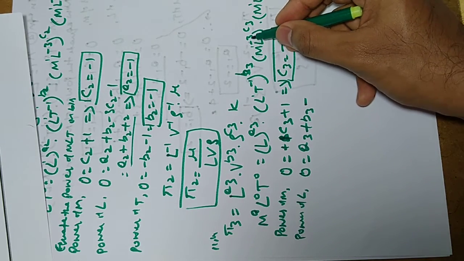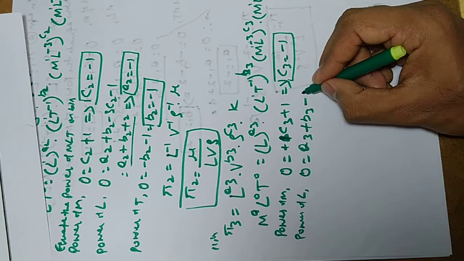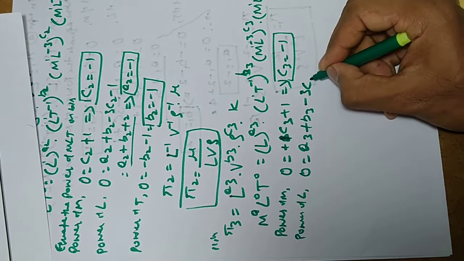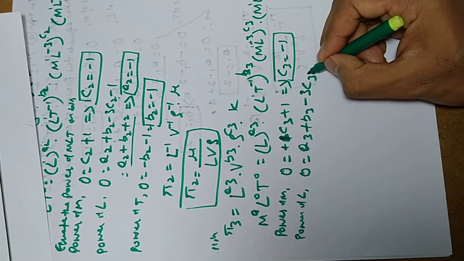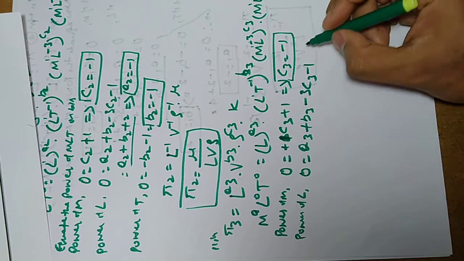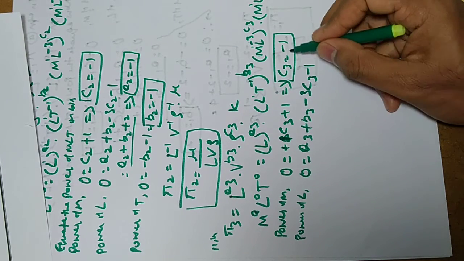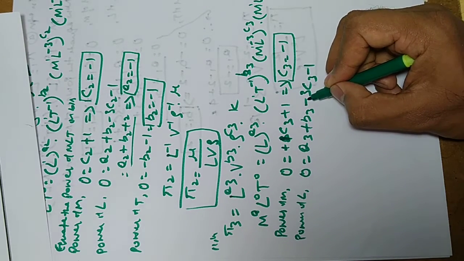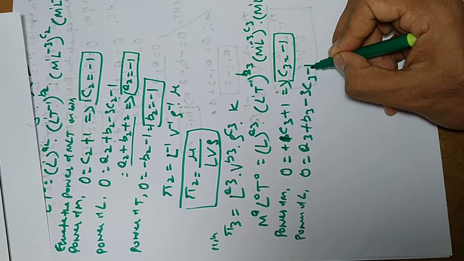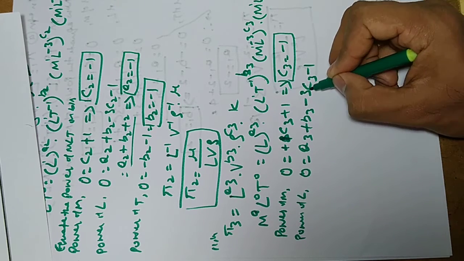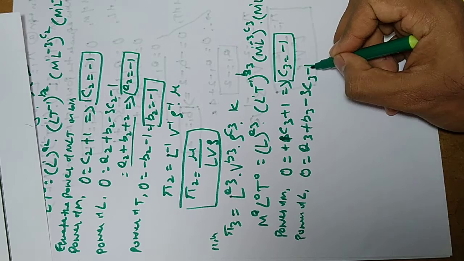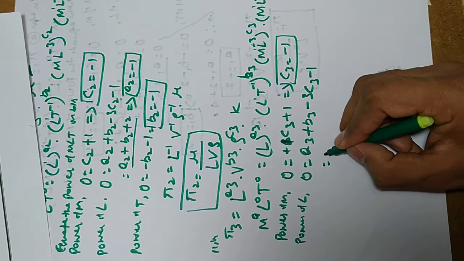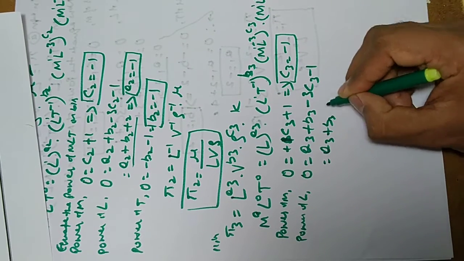Here L to the power of minus 3 is there, minus 3 into c3, which is minus 1. Minus into minus becomes plus 3. This becomes 3 plus 3 minus 1, which is plus 2. So a3 plus b3 plus 2.